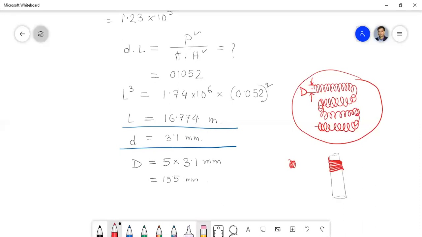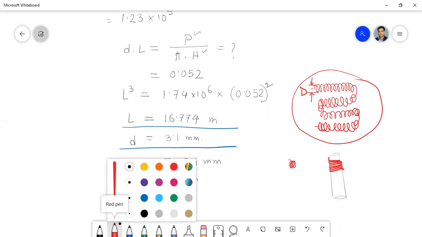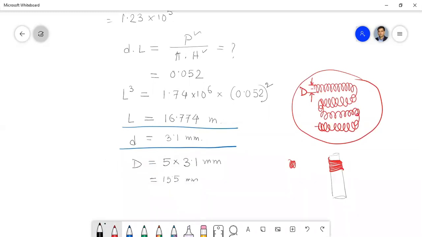If that is the case, then what will be the actual length of the coil? So the coil dia, that is D. Now you have to find out the length. Clear what I want to convey?